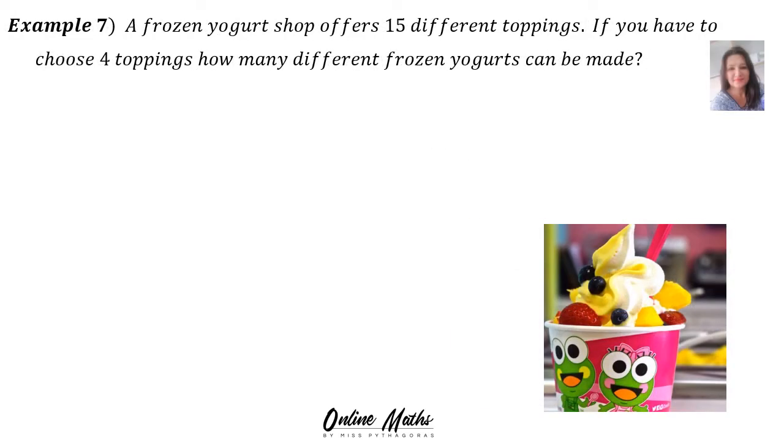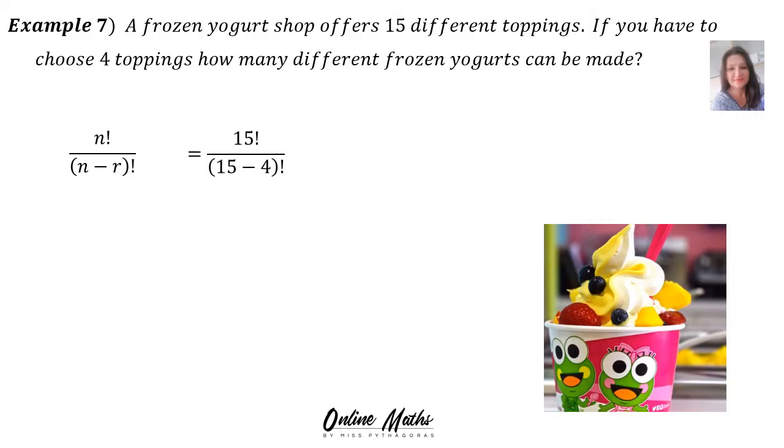Example 7. A frozen yogurt shop offers 15 different toppings. If you have to choose 4 toppings, how many different frozen yogurts can be made? Do you agree? Our formula, n factorial divided by (n minus r) factorial.